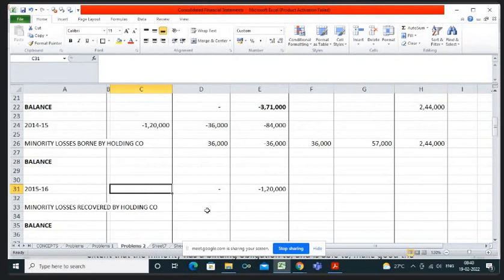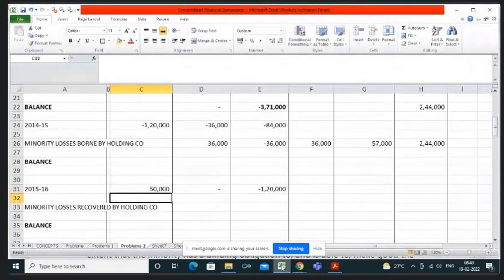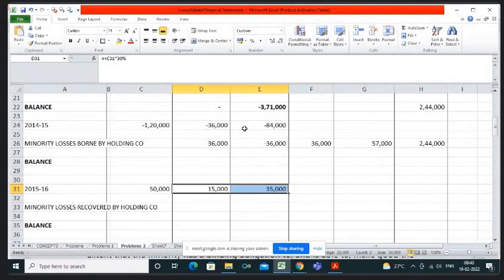There is a profit. How much is the profit? The profit is 50,000. So how will it be shared? It will be shared by the holding company and the minority. Minority will take 30%, that is 15,000. The holding company will take an amount of 35,000. Here, minority losses recorded by holding company.